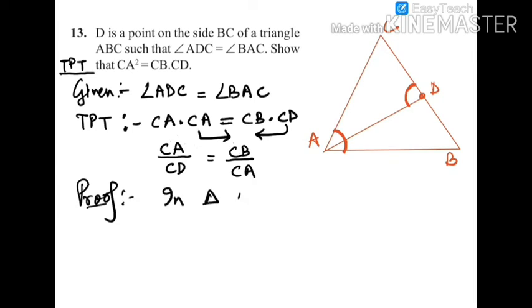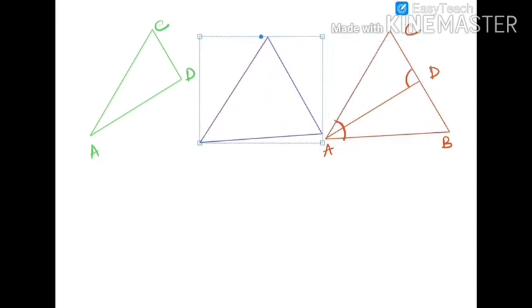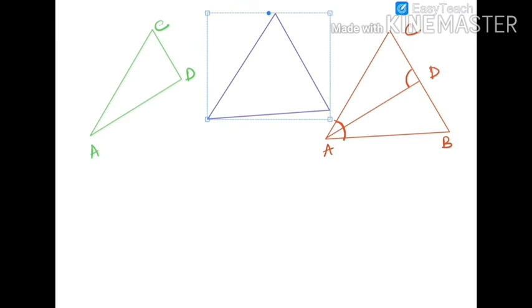In triangle ABC and triangle CDA, since these two triangles are overlapping, let's separate them. So this is triangle ADC and this is triangle ABC.